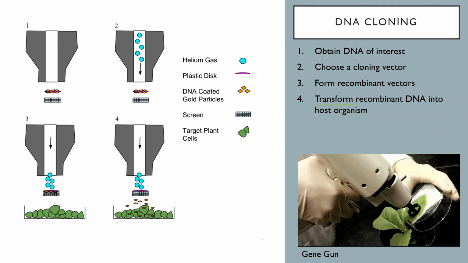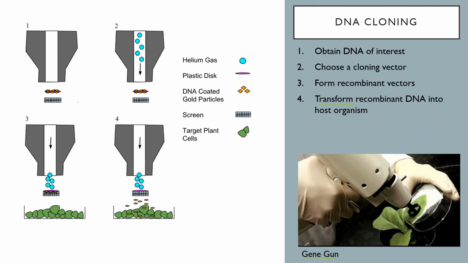It uses this device. It's actually called a gene gun. And essentially, you put your DNA that you want to transform onto these little tiny gold particles. Put that on top of a screen, and then you put the screen above your target cells. In this case, they're using plant cells, but you could do this with any kind of cells, hypothetically.